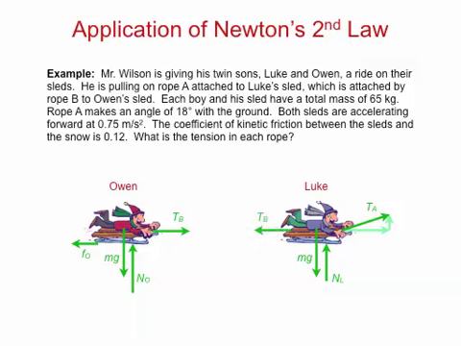The tension in rope B exerts a pulling force on Luke to the left, and so does the kinetic friction force between the snow and Luke's sled. Finally, both boys have the same acceleration to the right, a equals 0.75 meters per second squared.